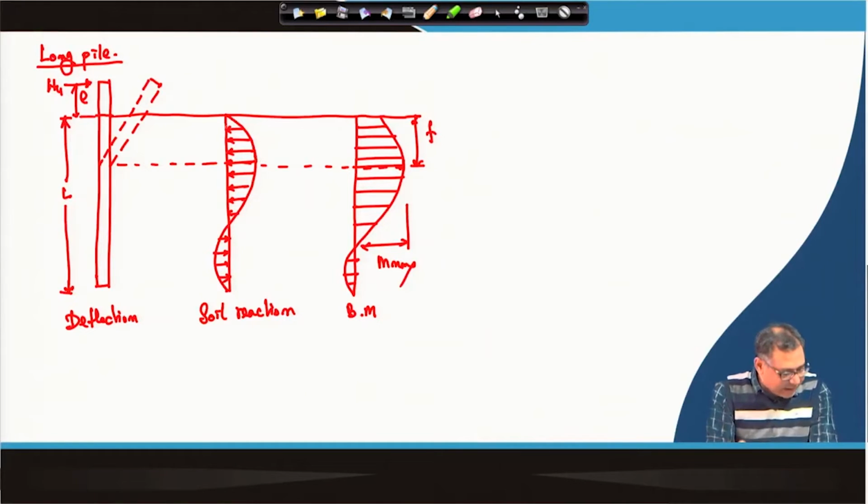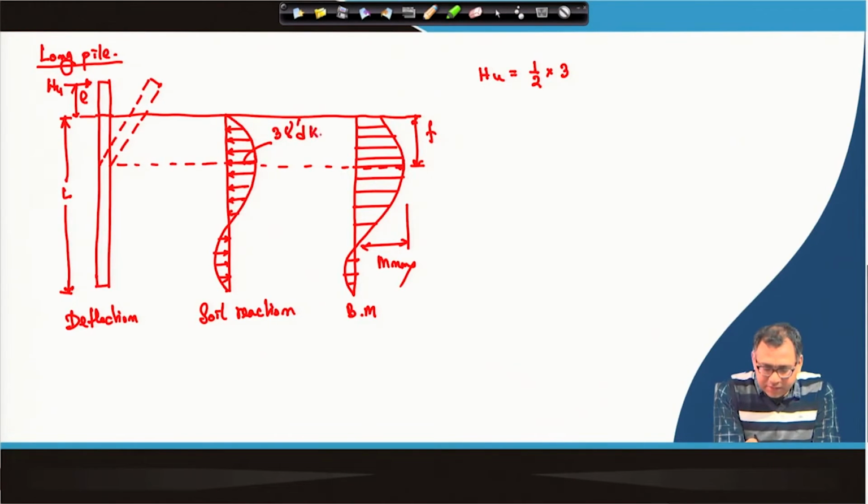So, I can write that equation 2 is valid for here. So, I can write H u will be equal to half into 3, because here we assume the distribution is, this value is 3 gamma dash d k p f.